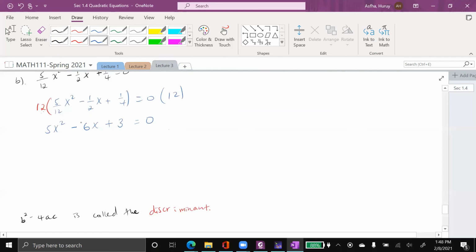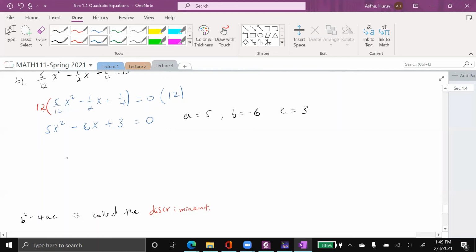As you can see now, this is a quadratic equation written in the form ax squared plus bx plus c. Here our a is 5, our b is negative 6, and c is positive 3.